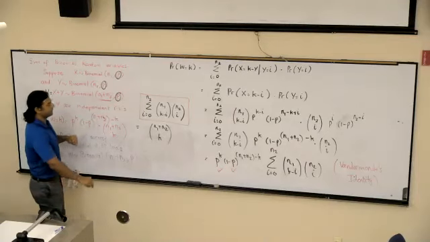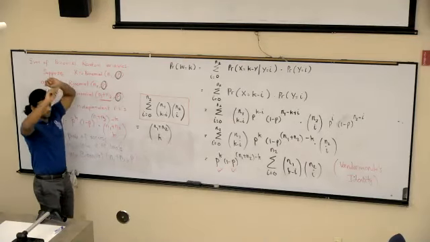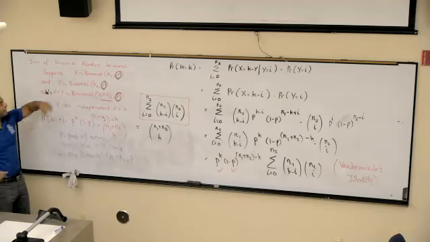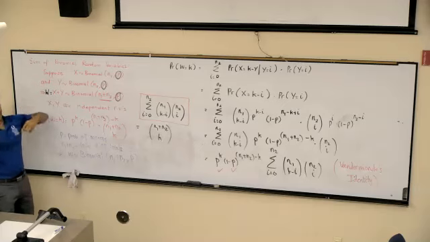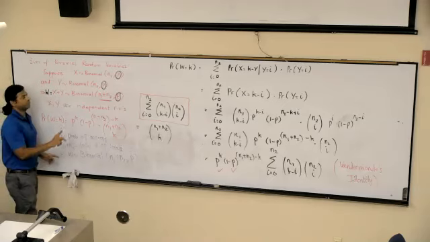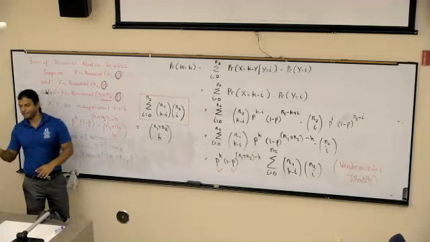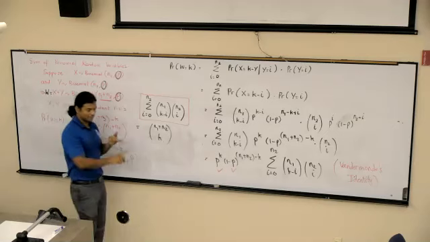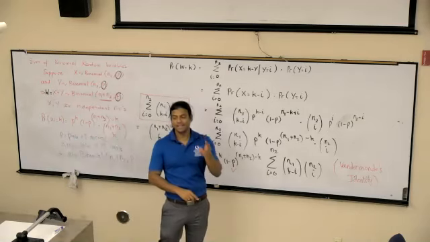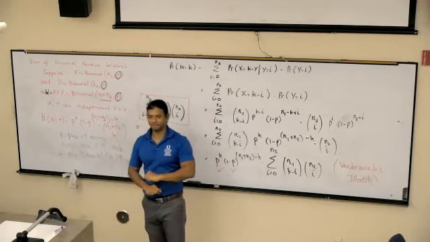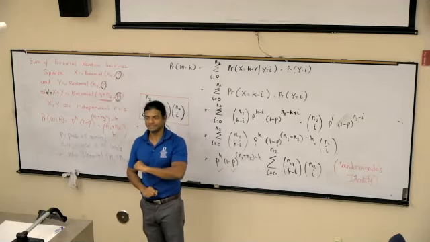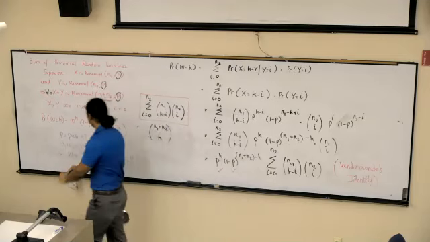So for instance, if I had X1 binomial n1 comma p, X2 binomial n2 comma p, X3 binomial n3 comma p, if you sum them together, the result would be binomial n1 plus n2 plus n3 comma p, as long as the random variables are independent and the probabilities are the same. Are we clear? Yes. Okay.